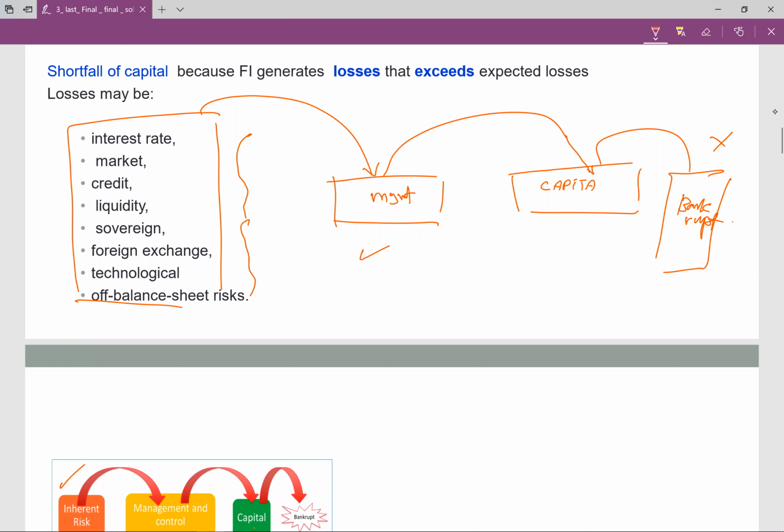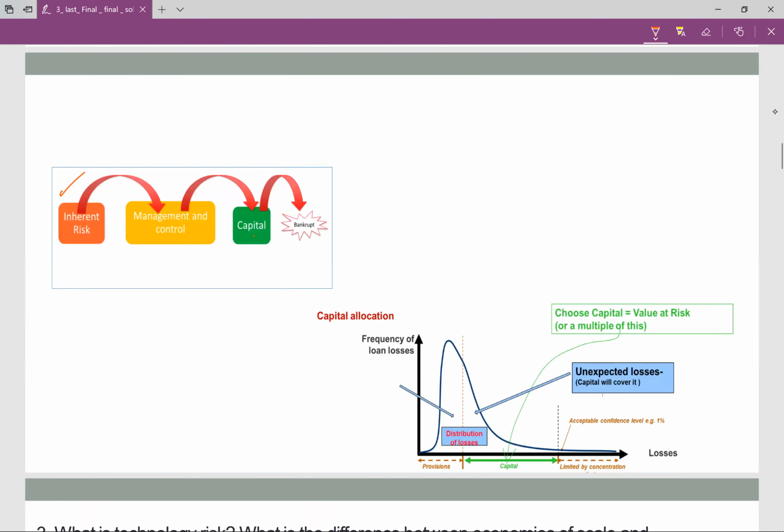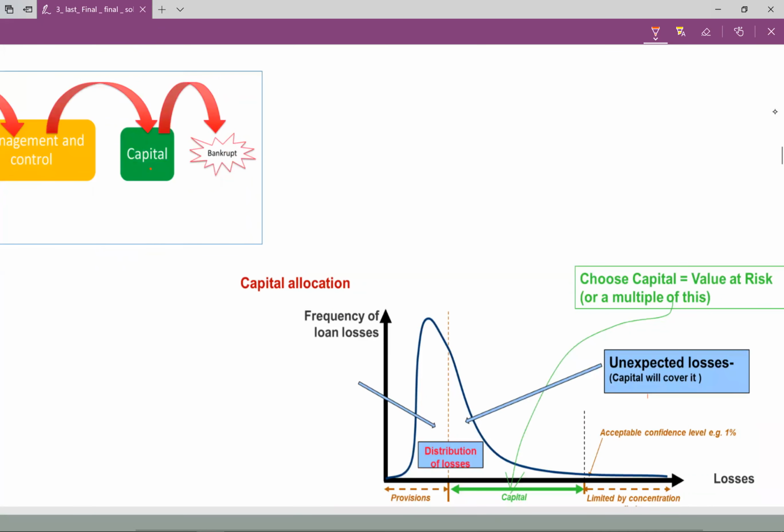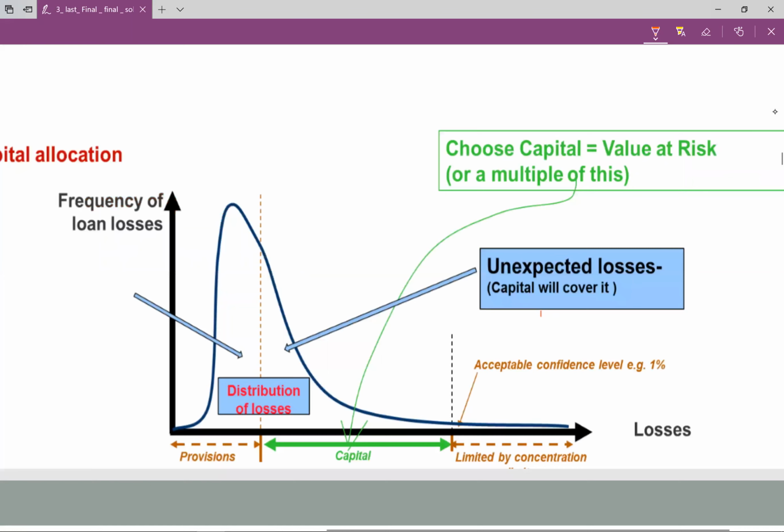Then there is the unexpected. The reserves cannot take all the losses here. So it goes to the capital. Hopefully the capital is enough. So look at this graph, which I told you about before. This is the management. The reserves are here. Provision for bad debt is here in this area.